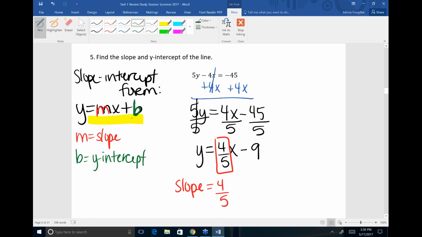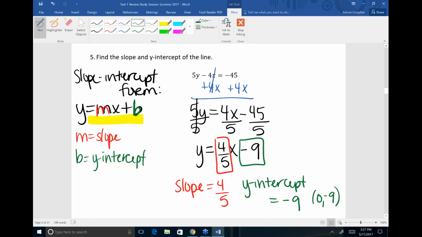And then the y-intercept is b. In this case, include that negative. Remember, the sign goes with the term right after it. Your y-intercept equals negative 9. And you may have to write that as an ordered pair because that's a point. So that would be 0, comma, negative 9.